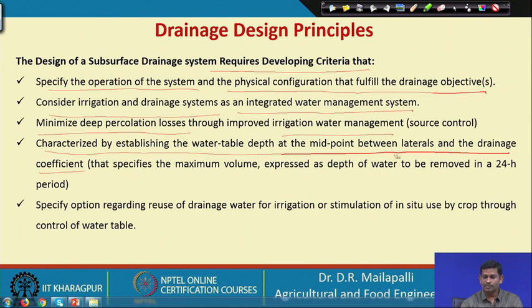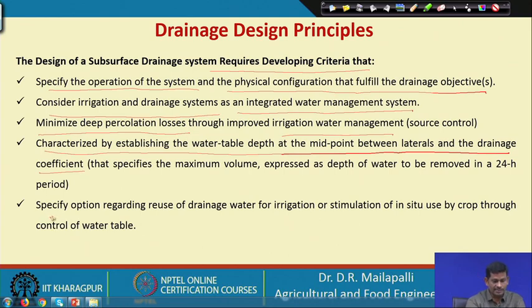So, midpoint, laterals and the drainage coefficient. That means the amount of water removed by the drains in a day is the drainage coefficient, and that should equate the depth to water table at the midway.